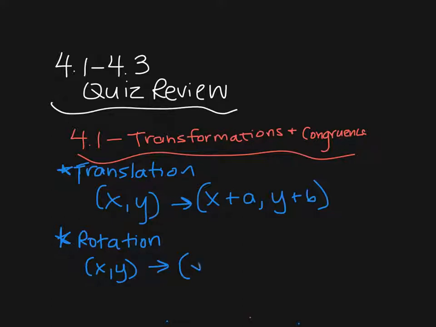So say that the Y goes here, and then the X becomes negative. This is the first kind. And so this is a rotation about 0, 0, 90 degrees clockwise.